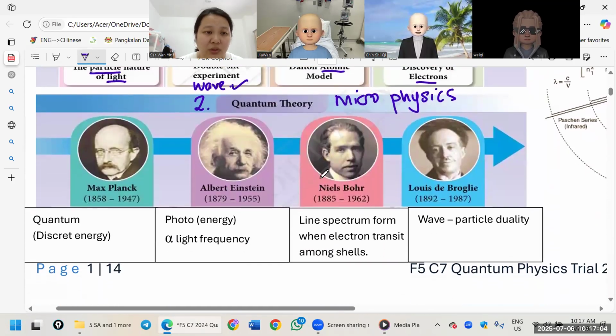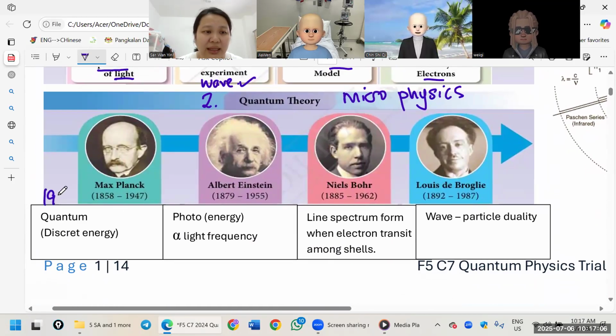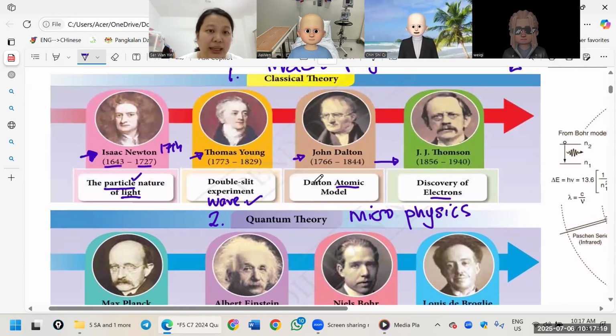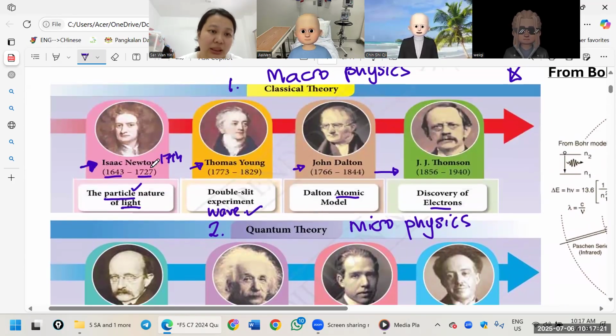Then now we come to around 1900. So actually quantum physics is just around 100 over years, but classical physics has already been studied for a few hundred years.